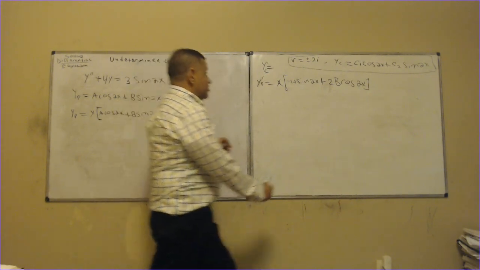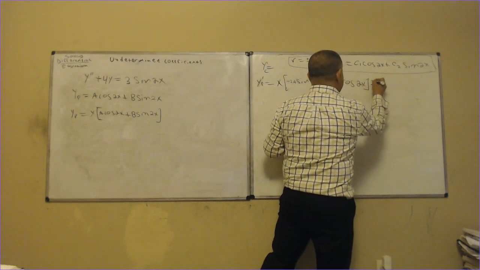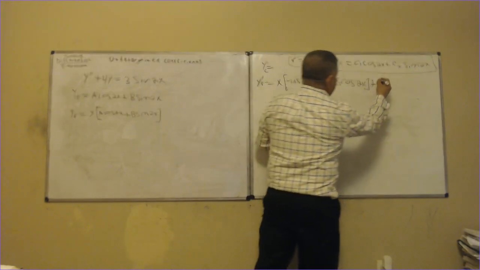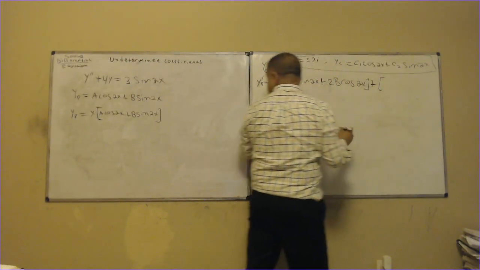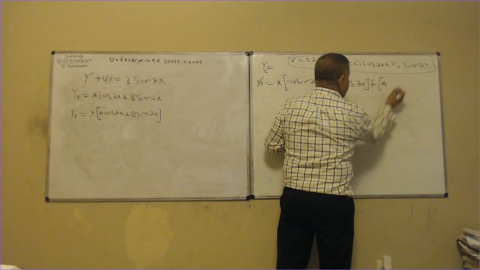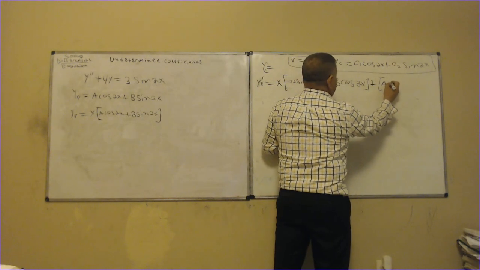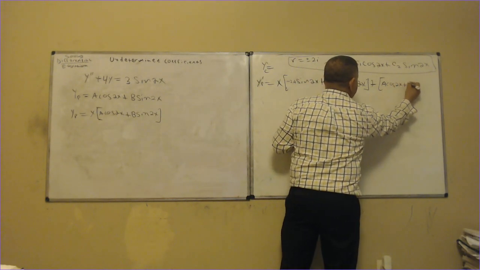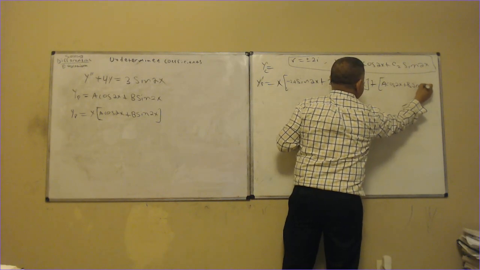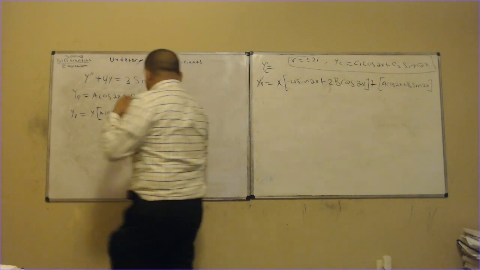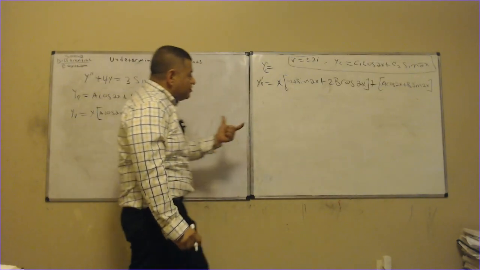So plus the derivative of this guy, which is 1, so I don't have to write it down, and then I just make a copy of this: a cosine 2x plus b sine of 2x. Okay, so that is the first derivative.